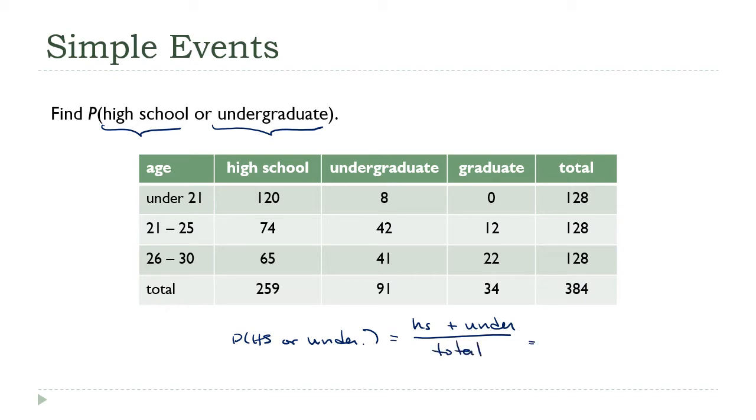There were 259 for high school, 91 for the undergraduates, still 384 total, and my calculator tells me this is 0.911. So the probability of randomly selecting a person in either of those two categories is 0.911, or remember, we can also interpret these as percentages: 91.1% of the people surveyed had those two education levels as their highest.